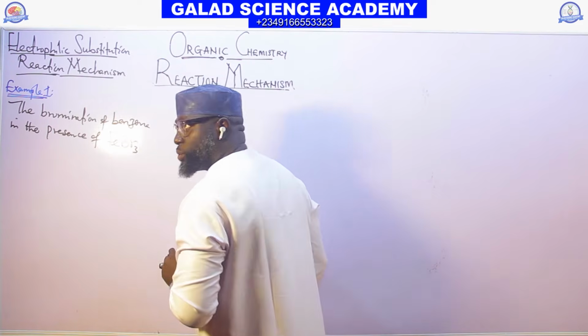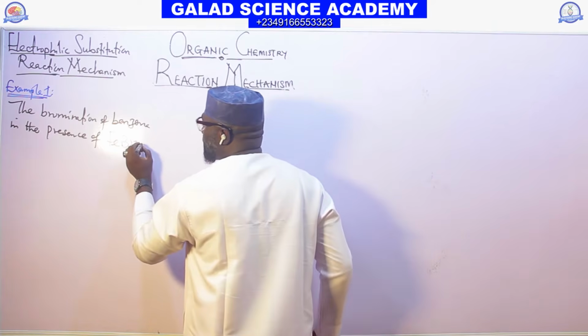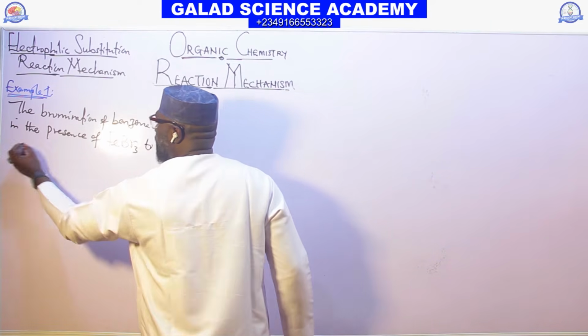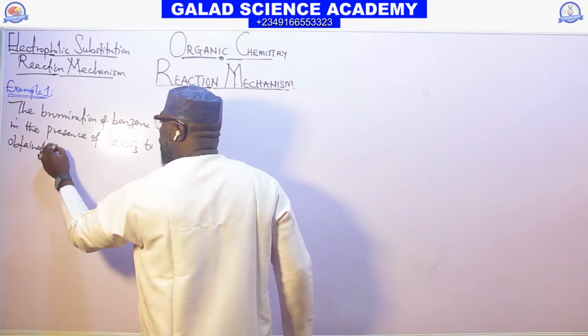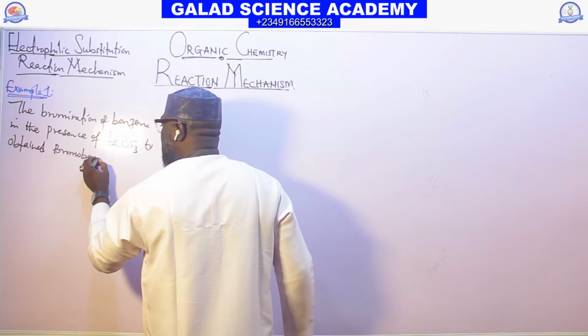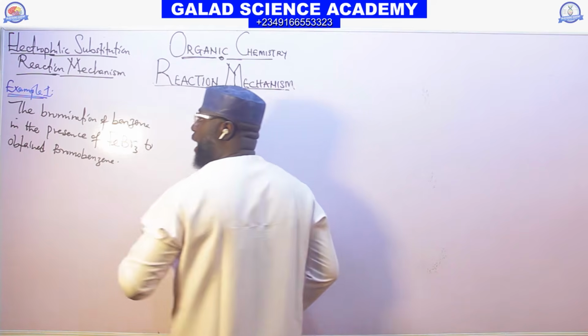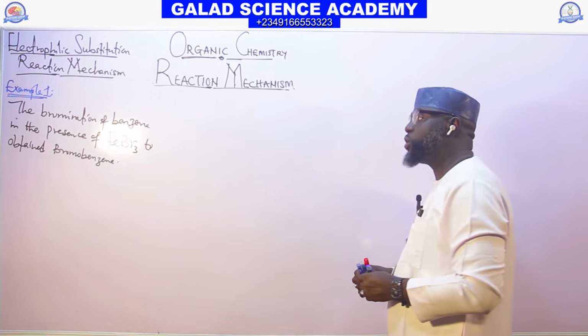This iron 3 bromide serves as catalyst to obtain bromobenzene and hydrogen bromide. Look at this now.